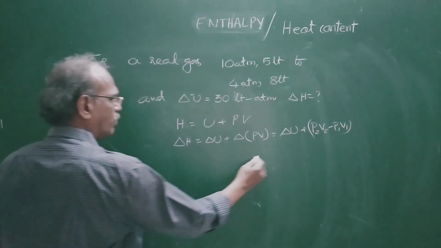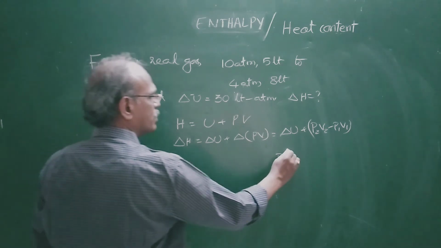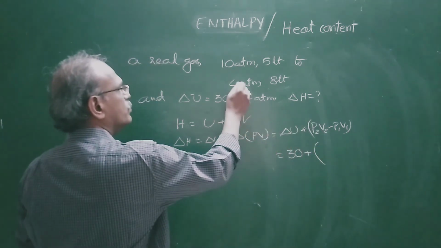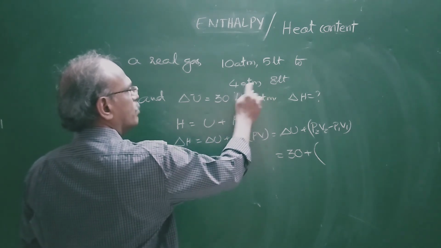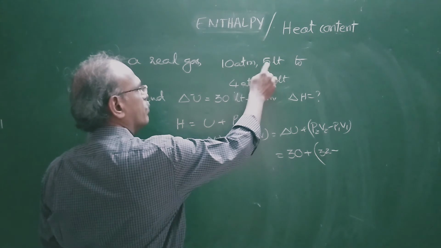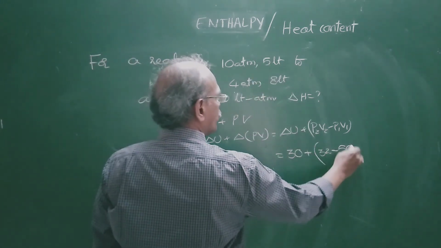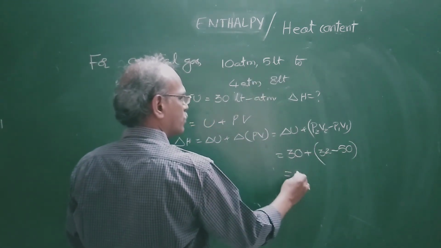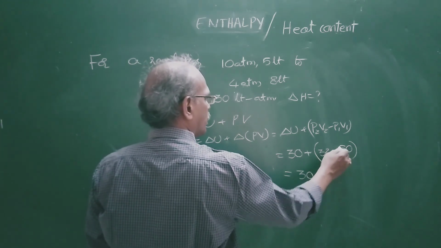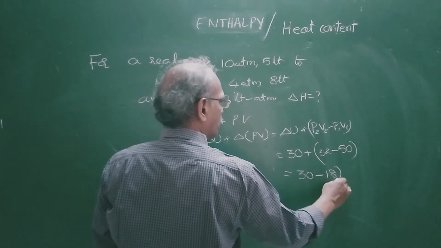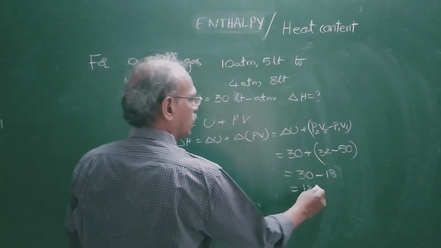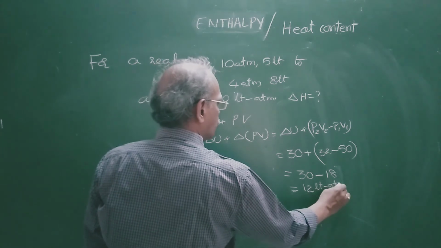Now substitute the values. Delta U is 30, plus P2 V2. See, this is the final state. P2 V2 is 32, minus P1 V1, initial state 50. So that is 30 minus, what is the difference? 18. So that is 12 liter atmosphere.